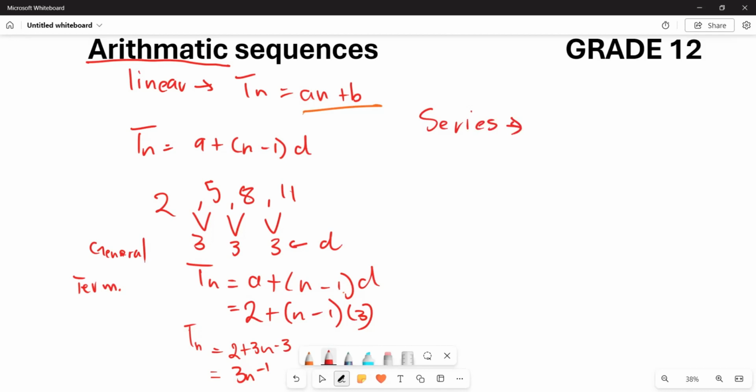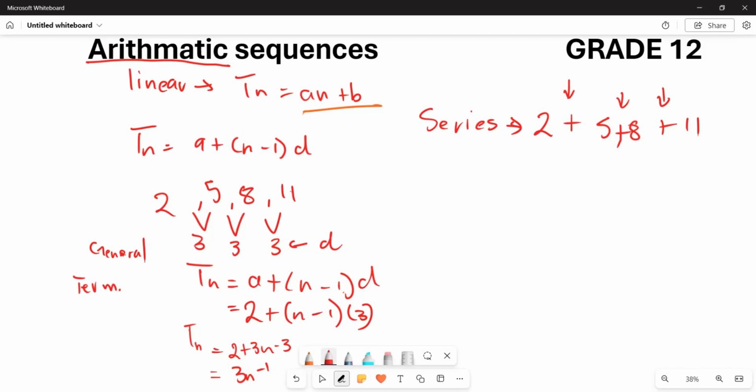So instead of having these as your general sequence, a series is when you are having 2 plus 5 plus 8 plus 11 as your series, which means it is when you are having your sum, the addition, right?